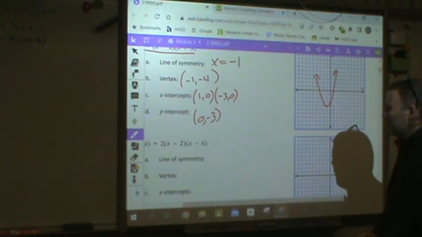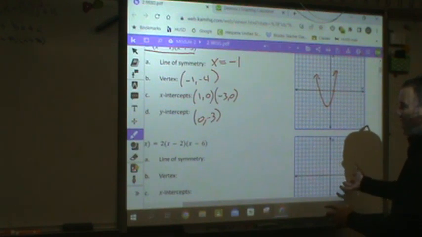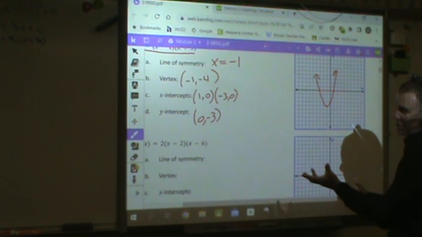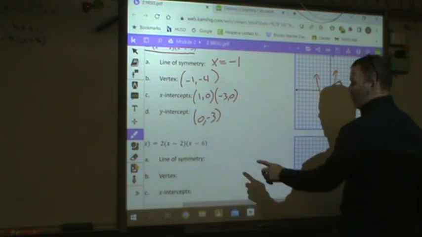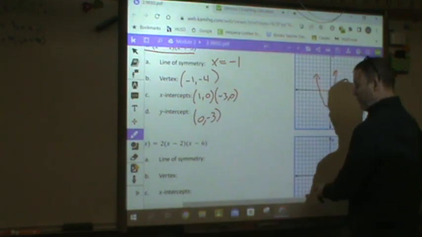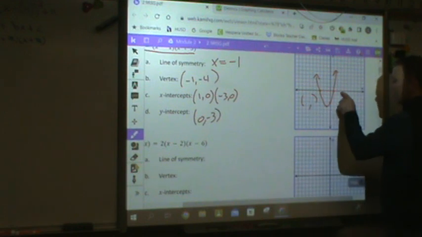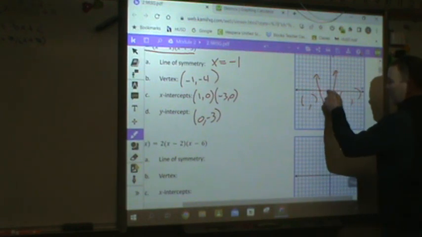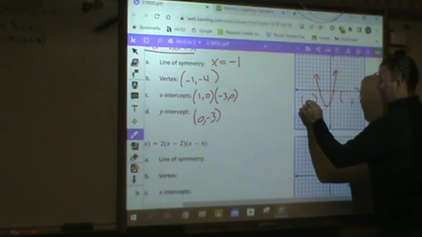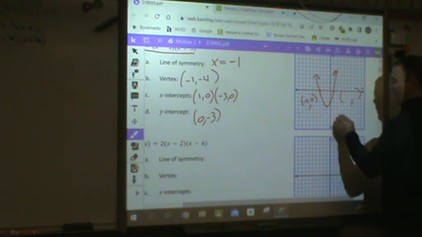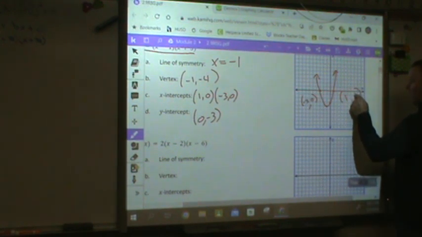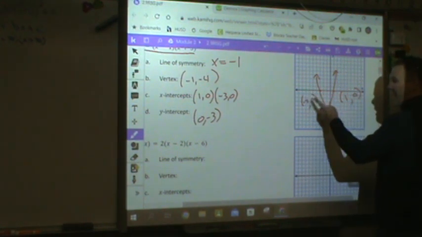Why is that? How is it that my x-intercepts are opposite of what they actually look like? Well, remember, in order to find your x-intercepts, what is the value of these two points right here? I went out -3 and out 0, and I went out +1 and out 0. Y is 0.